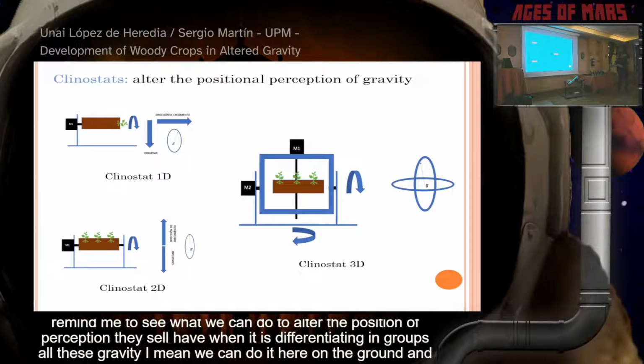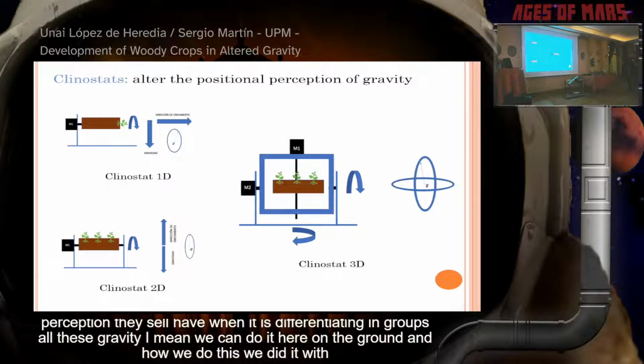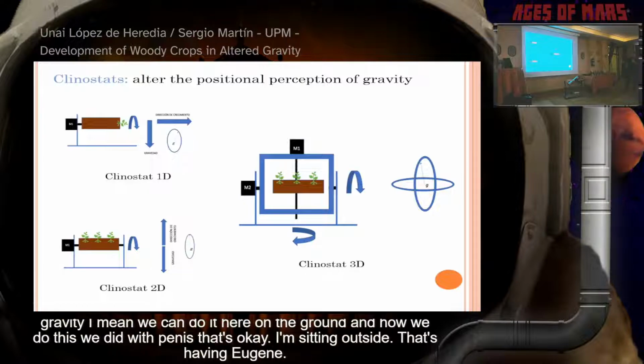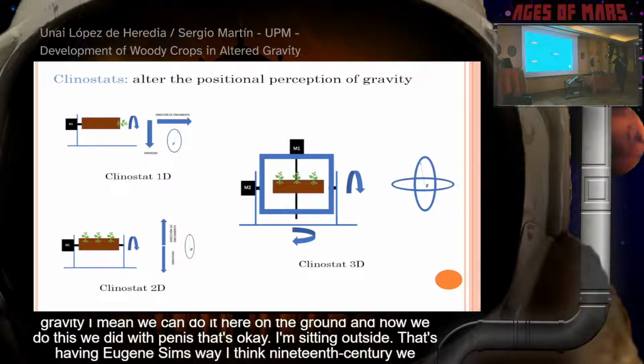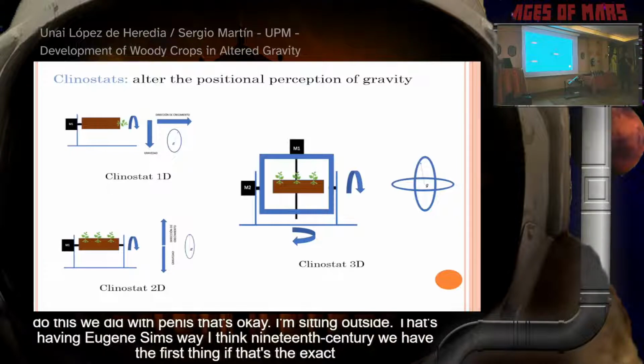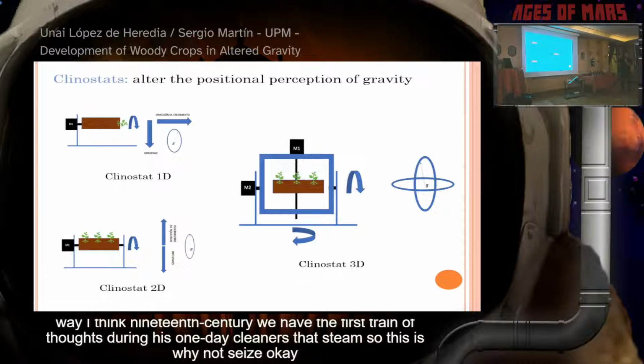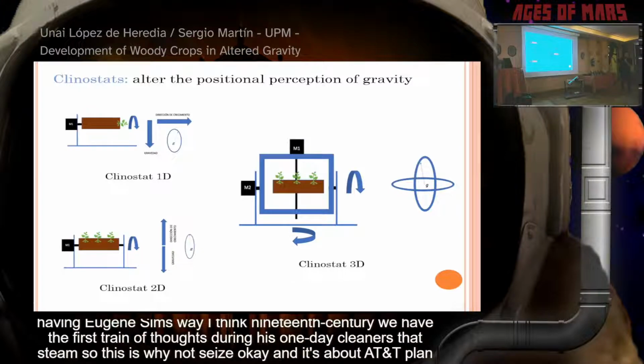And how do we do this? We do this with clinostats. There are several types of clinostats that have been engineered since, I think, the 19th century. We had the first clinostats. This is a 1D clinostat scheme. So this is one axis, and it's rotating, and the plant is put in this direction.